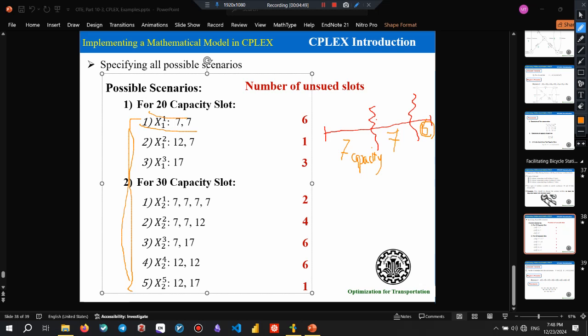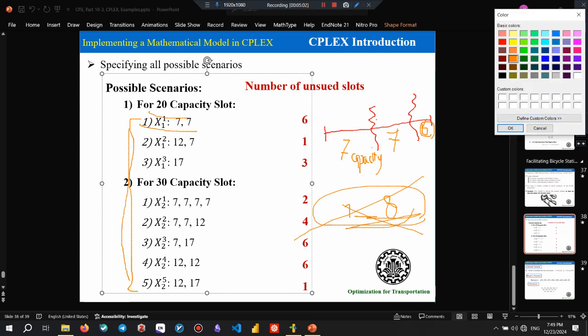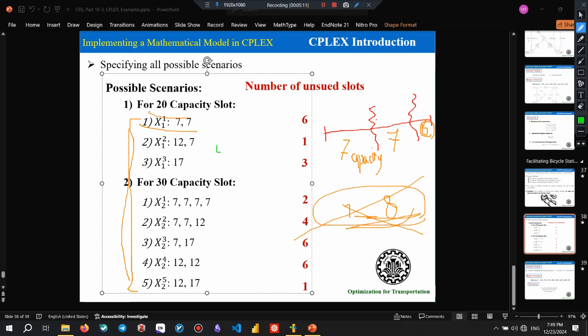But we will not write this down as 1 to 8 in our model. The decision variable wouldn't be something like this. It would be something like this. Why? Because we want to divide them into two parts. Xij is the proposed decision variable.